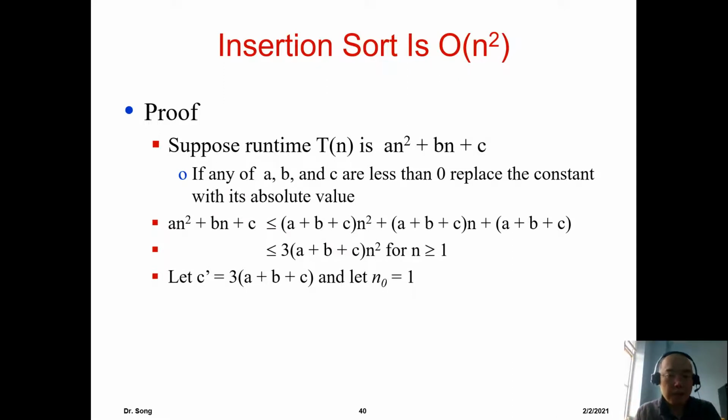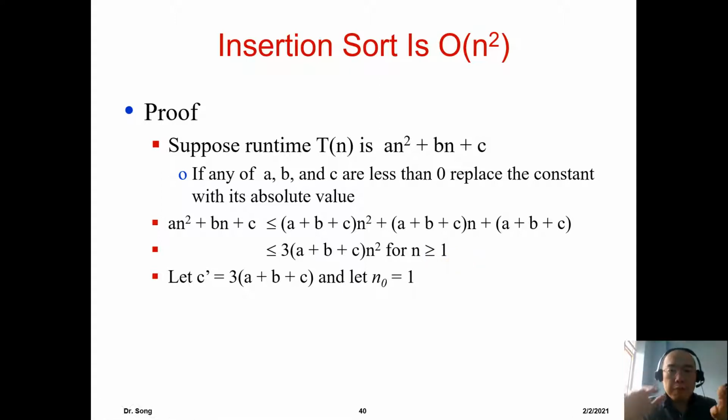So what do we have? This part, 3 times (a plus b plus c), is the constant c, and that 1 is n0. So for this polynomial, it is guaranteed to be smaller than c n squared for all positive values of n when n is greater than n0, and n0 is 1.